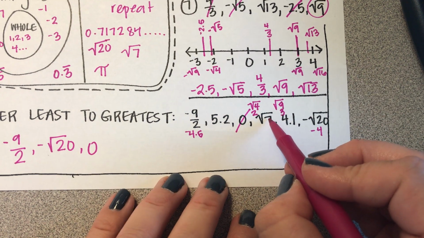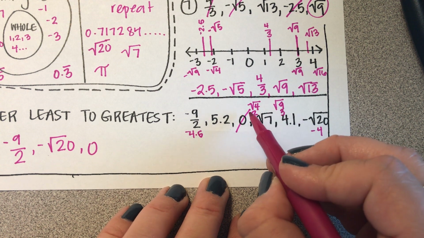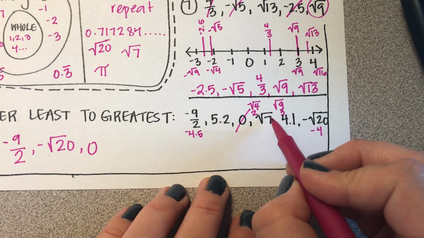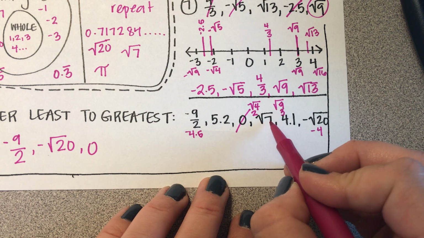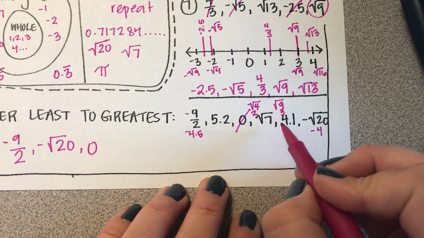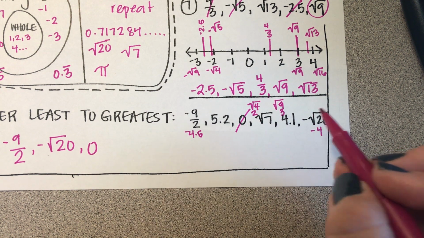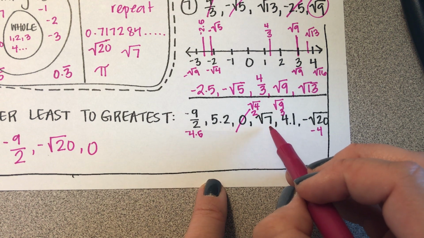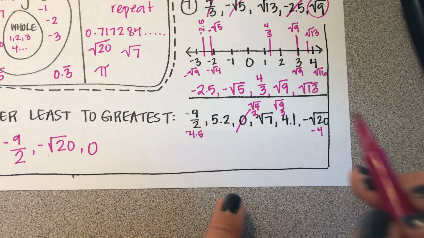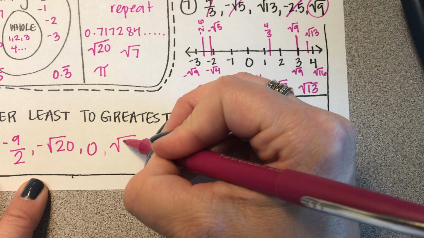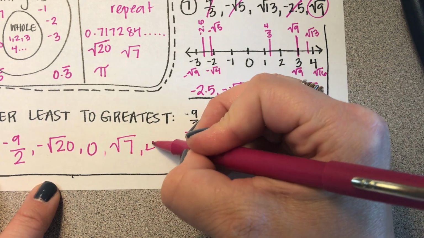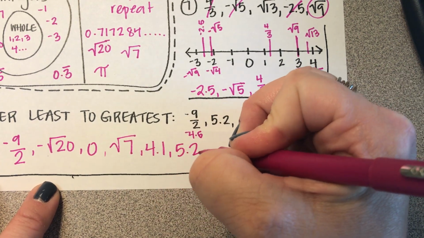The square root of 7 would come in between the square root of 4 and the square root of 9, so it's going to be somewhere between 2 and 3. Just make it up, 2.4, whatever it is. That is less than 4.1, so this comes next. And then 4.1, and then 5.2.